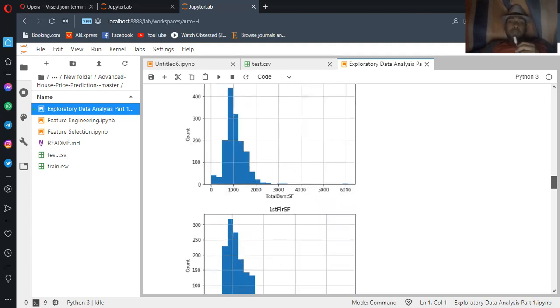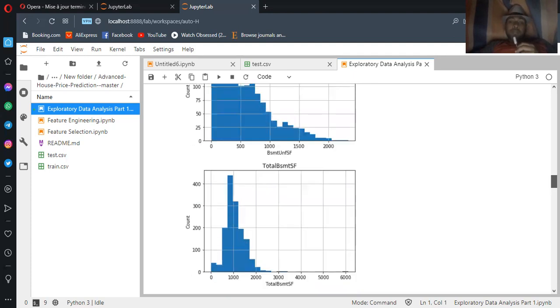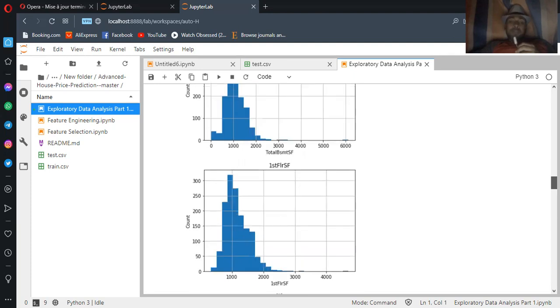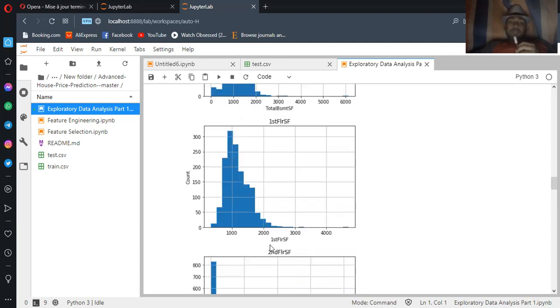Also for total basement area, we have a distribution like a curve here, maybe near a normal or Gaussian distribution. Well, also for the first floor and second floor areas, I don't know about this one, the low quality finish. Okay, so this is the distribution here.